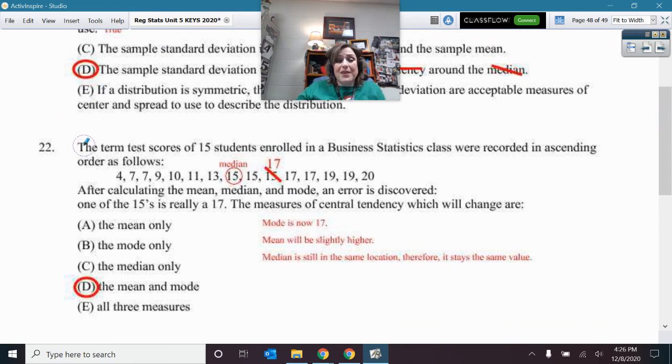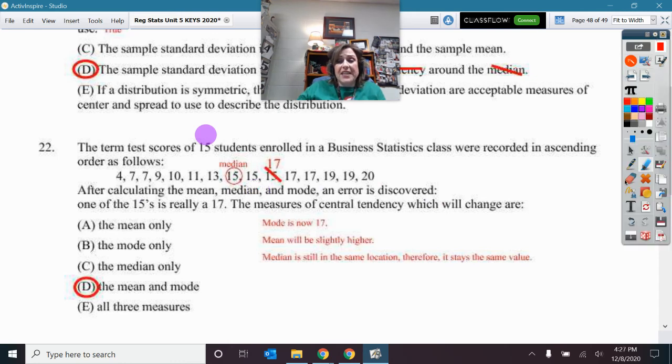All right, the test scores of 15 students are recorded. After calculating the mean, median, and mode, an error was discovered. One of the 15s, so that was a median score, is actually a 17. So I showed crossing that out and making it a 17.